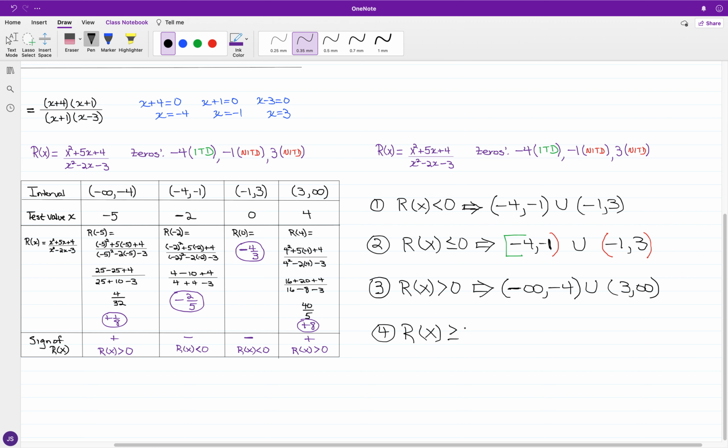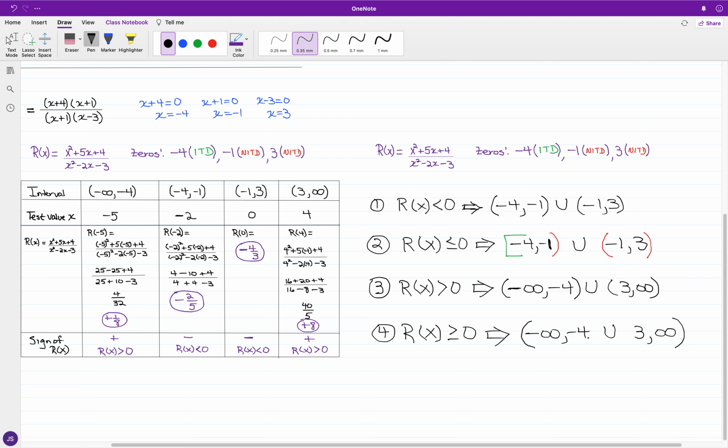Now for r of x is greater than or equal to 0. Again, same direction, greater than 0. And we are involving the same values for the intervals. Again, infinities are boundless, so we have negative and positive infinity, still in parentheses.